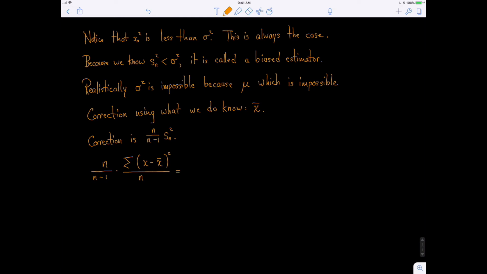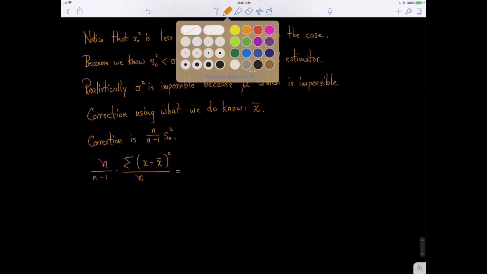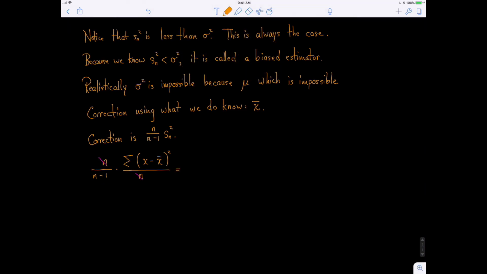So what happens then, you probably can already see this, is that the n's cancel, and so our final result is the sum of x minus x bar squared divided by n minus 1. And we call this s squared. That's actually a lowercase s. We call that lowercase s squared.